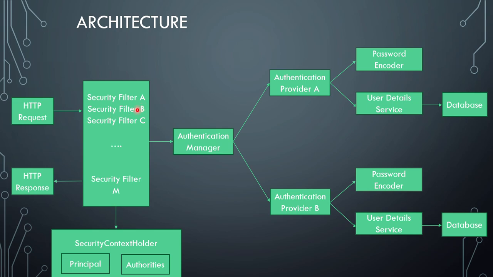Also the username password authentication filter, which checks the provided credentials and creates an authentication object. There is also the concurrent session filter, which controls how many sessions a user can have, and handles scenarios when the user exceeds the limit.